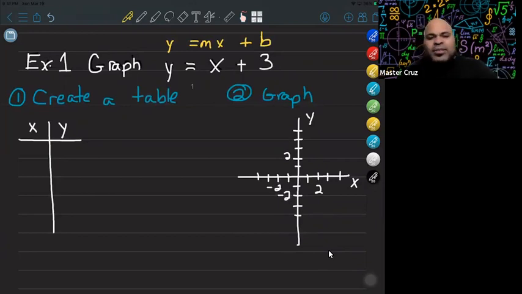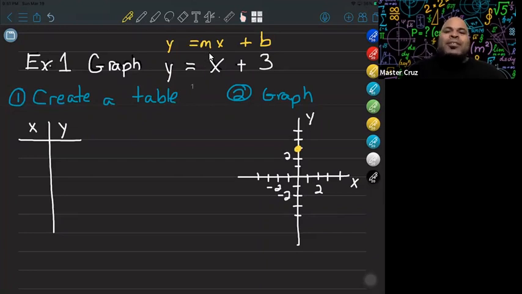I already have a graph over here. I'm going to go to the y-axis and plot a point at 3, because that's b. I'm going to find wherever 3 is, which is right here, and plot a point. I just plotted the y-intercept.